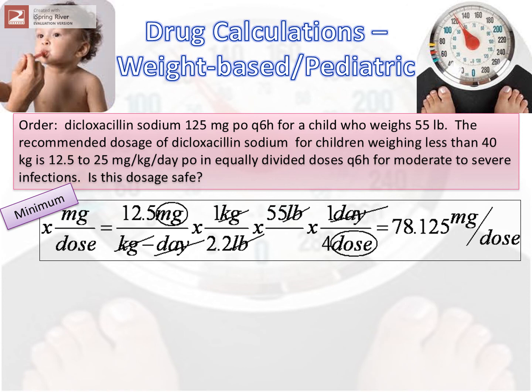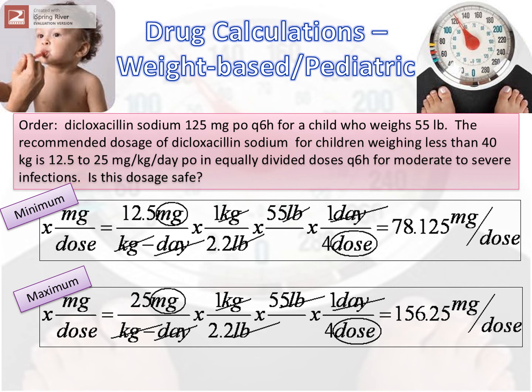So let's see whether 125 is below the maximum dose. The maximum dose is 25 milligrams per kilogram per day. Our requested unit, again, is milligrams per dose. We're going to go exactly the same way. The only difference is we'll be doing 25 instead of 12.5 milligrams.